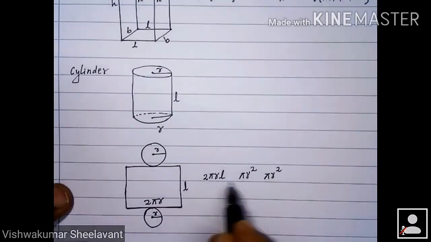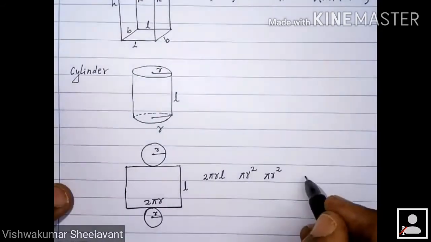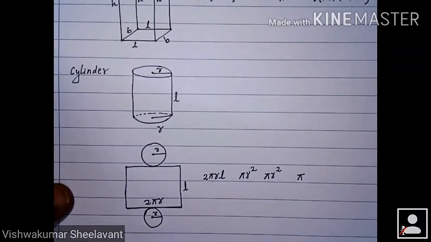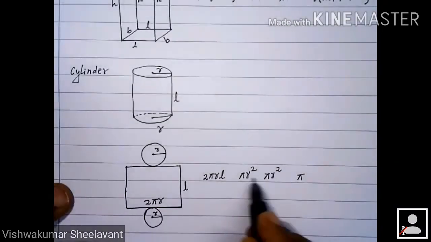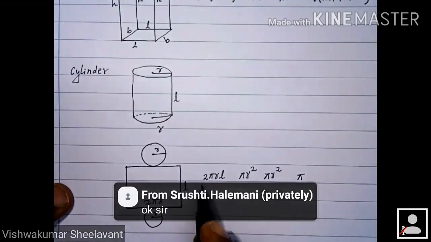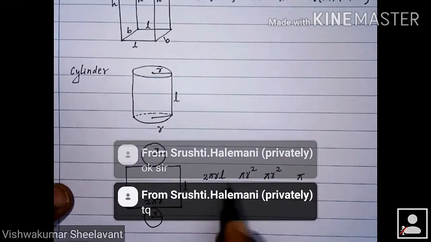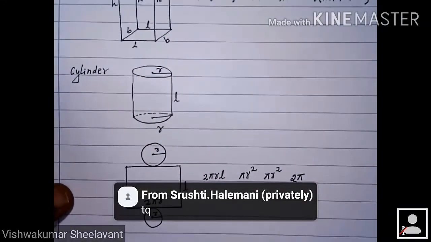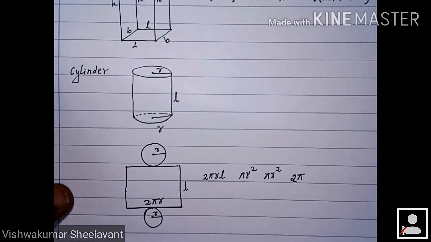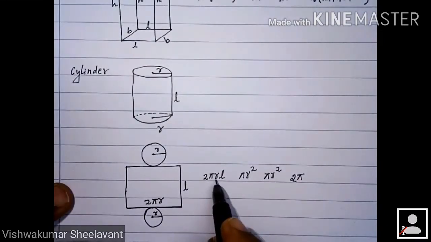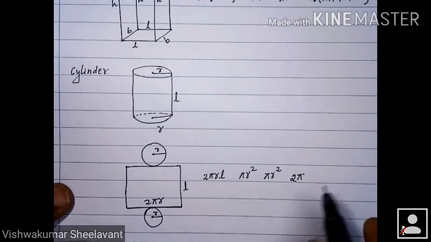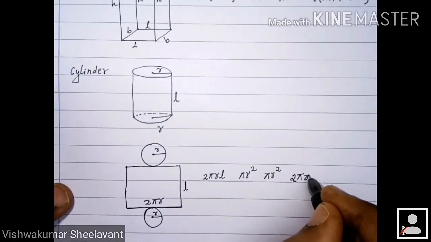From all these you can take pi common outside. Pi r square plus pi r square is 2 pi r square. Here also you are having 2 pi rl. So you can take 2 pi common outside. And r is there in all the three areas, so you can take r outside.